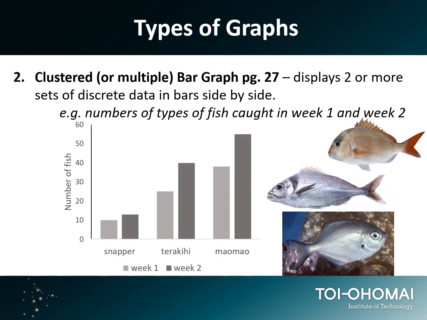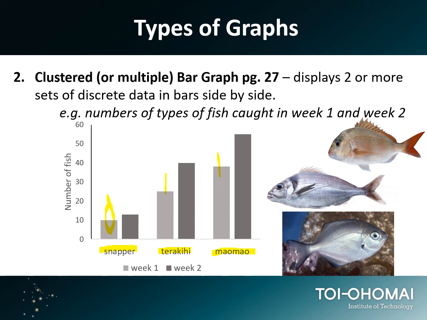And continuing, following along with page 27 of your workbook, this is another type of bar graph. It's called a clustered bar graph or a clustered column graph. And this would be week 1 and week 2. So maybe this is week 1, week 1, week 1. But you want to show the relative number of fish caught in each week, but still keep them separated by species.